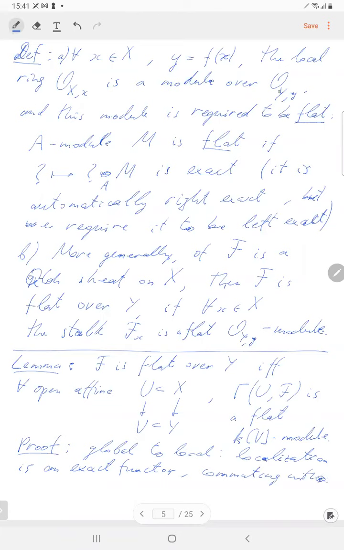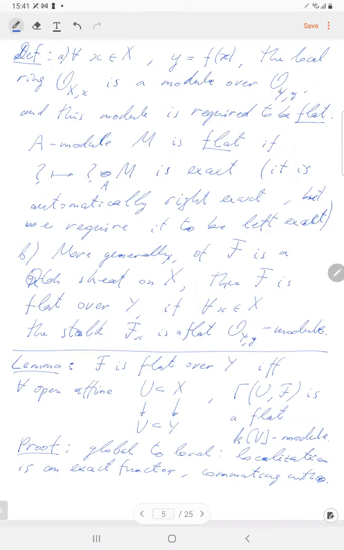The stalk is just the co-limit of sections over shrinking neighborhoods. So you localize, and if you know that all the sections in this co-limit are flat modules, then their co-limit will be again flat.